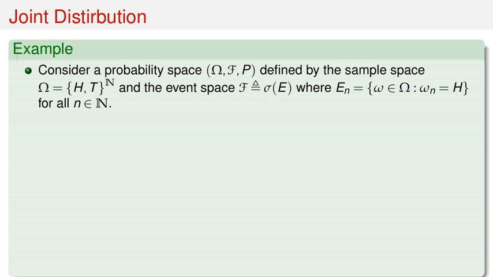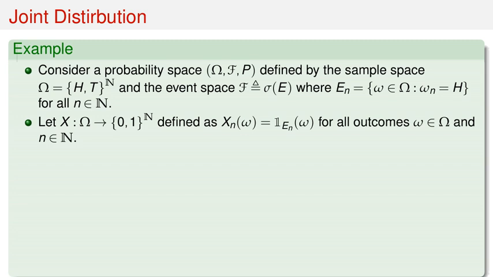Let's revisit our example to illustrate this. Consider the probability space Omega, script F, P with Omega equals {H,T} to the N, script F equals sigma of E_n, where E_n is head on nth toss. Let X be the random sequence from Omega to {0,1} to the N, where X_n of omega is the indicator of E_n.